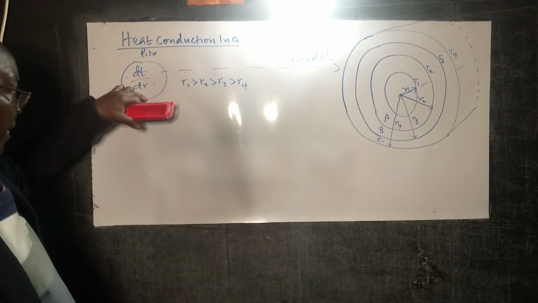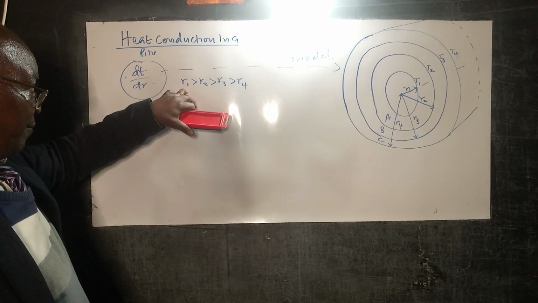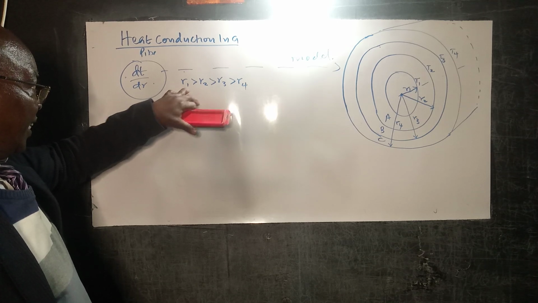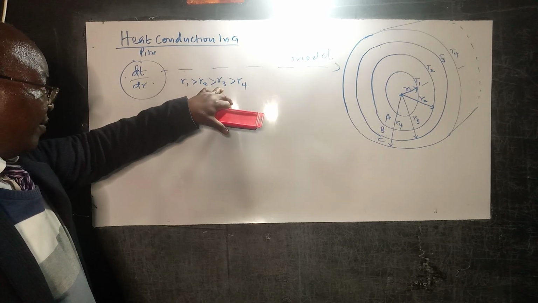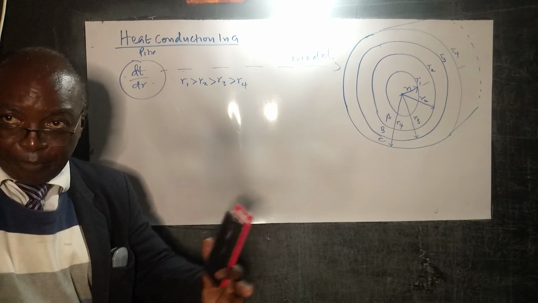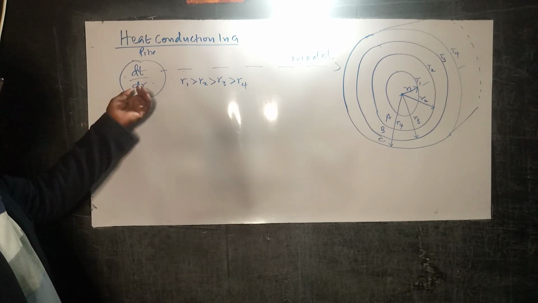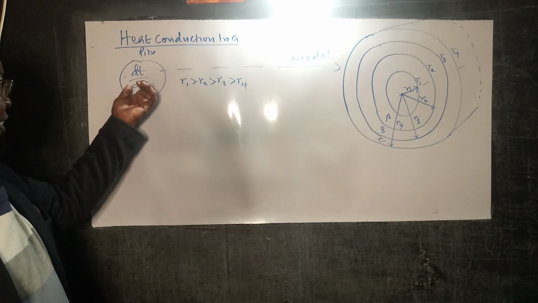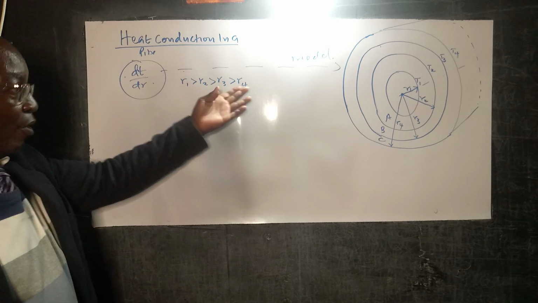It means that the temperature gradient for R1 will be greater than that for R2, greater than that for R3, greater than for R4. For the simple reason that, remember, we are dividing with the R. So when R is big, that will be small. So R4 is greater.